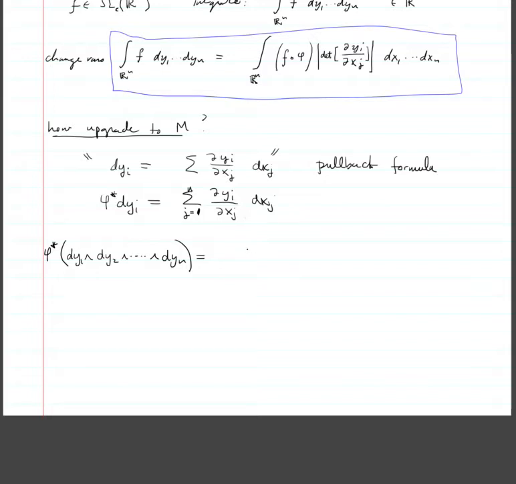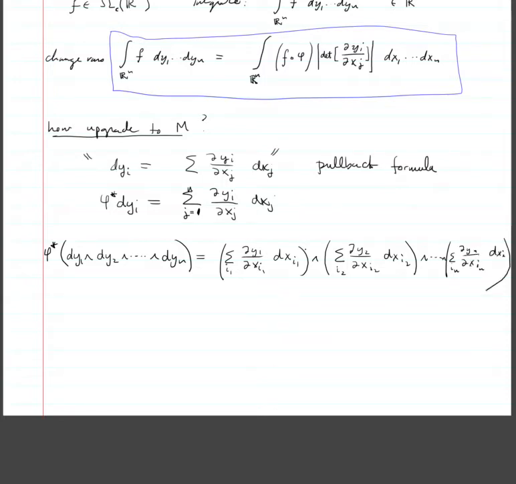So I'm going to have the sum over i1 of dy1 over dxi1 dxi1, wedge the same thing for i2, dy2 over dxi2 dxi2, wedge all the way up to the top degree, which is a sum over in of dyn over dxin dxin.